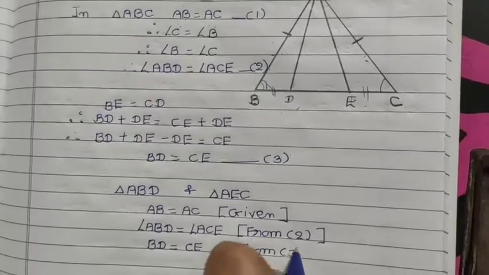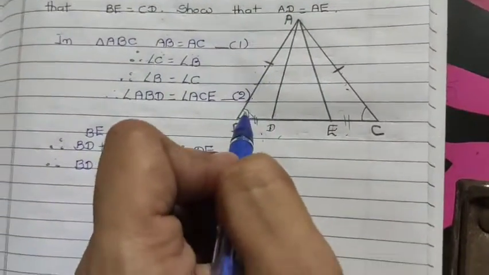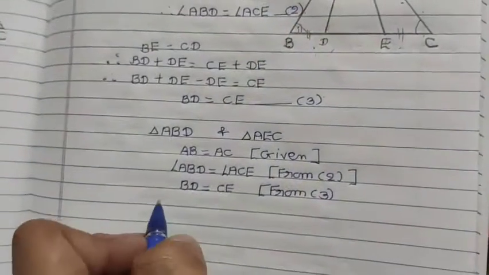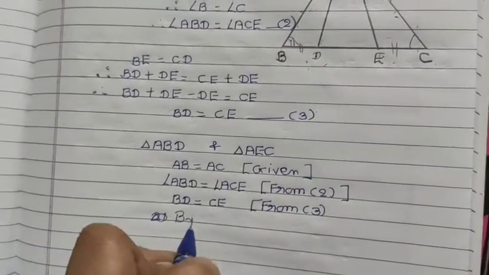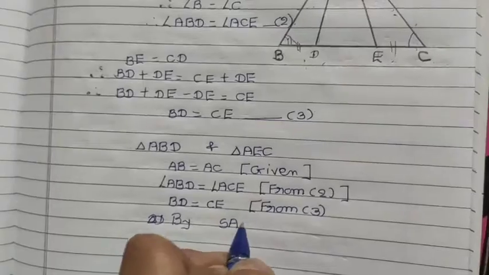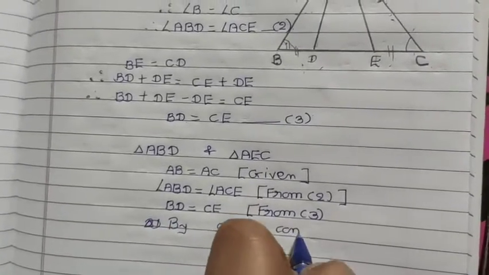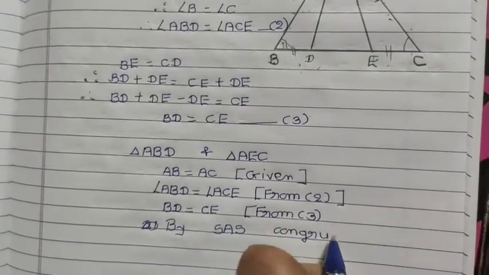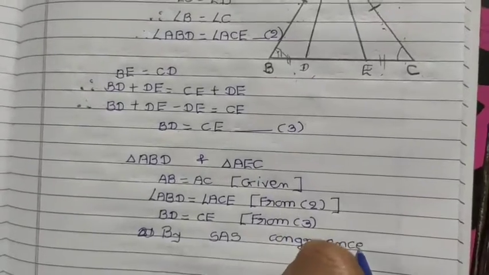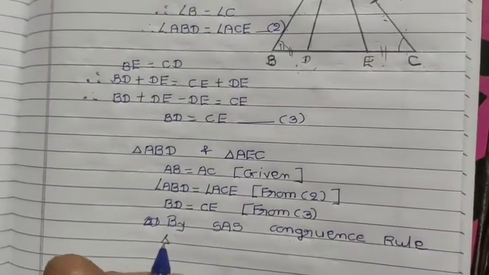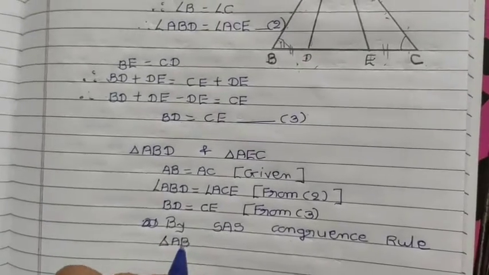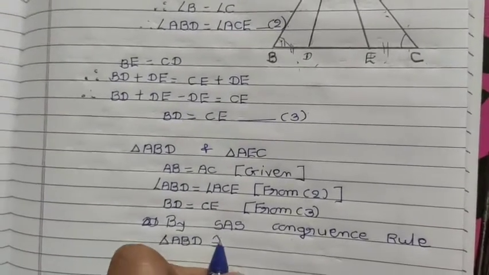We can see that two sides and the included angle are equal, that means by SAS congruence rule we can prove that triangle ABD is congruent to triangle ACE.